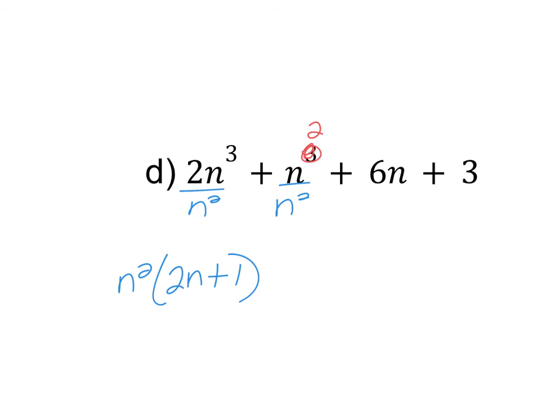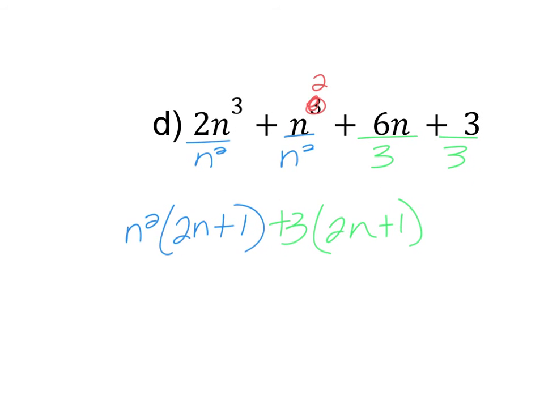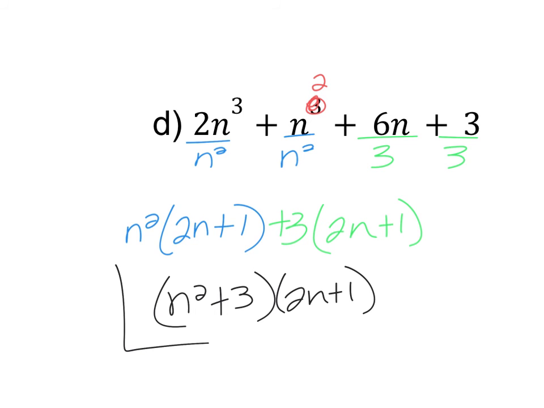This one looks like I can factor out a 3. So divide by 3, it's a positive 3. So this will be 2n plus 1. Perfect. My parentheses match. Therefore, this is n squared plus 3 in parentheses times 2n plus 1 in parentheses.